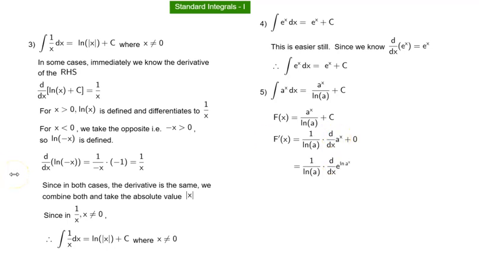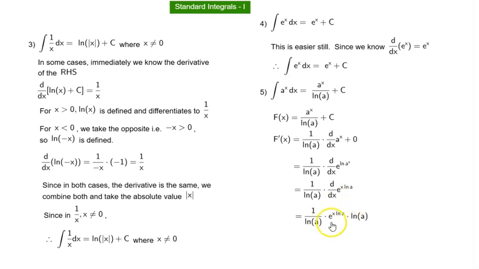So now we manipulate a to the power of x. We take it as e to the power of natural log of a to the power of x, since e and natural log are inverses. So x comes down because of this natural log. So we have e to the power of x natural log of a. And now we differentiate.